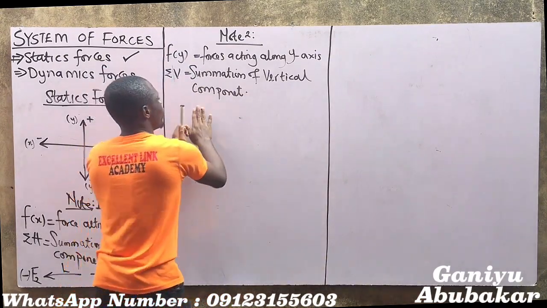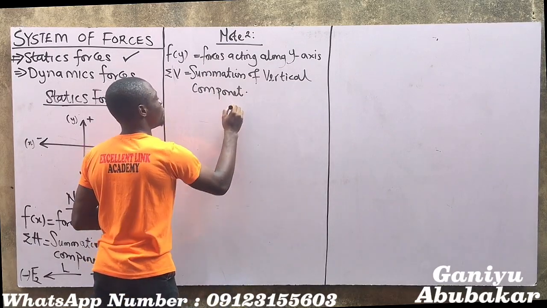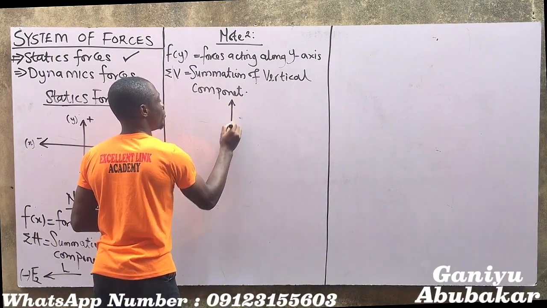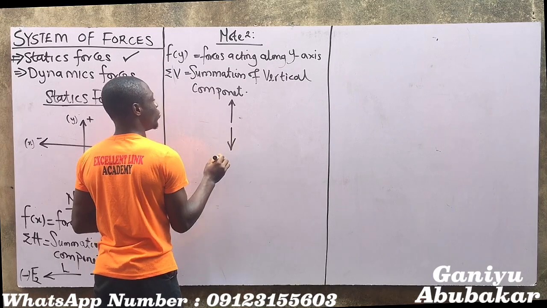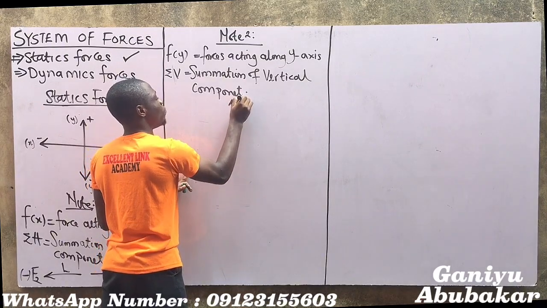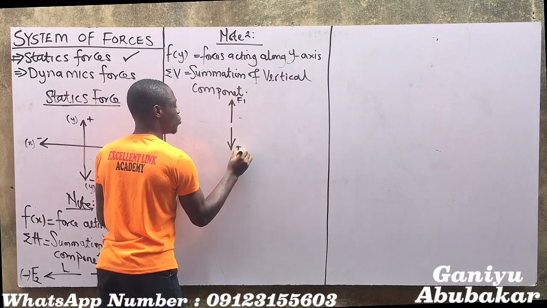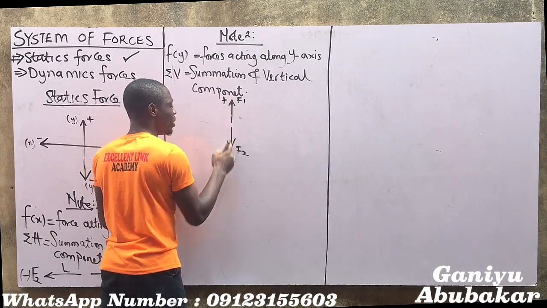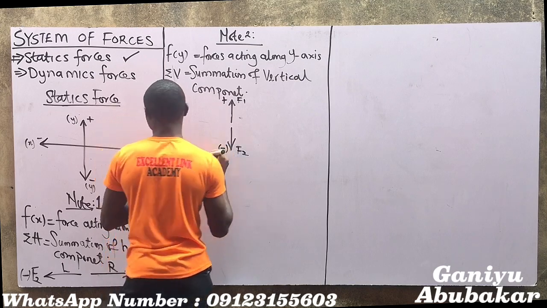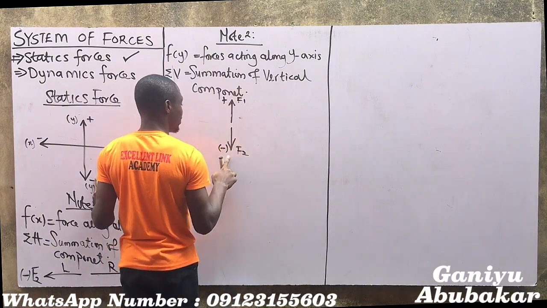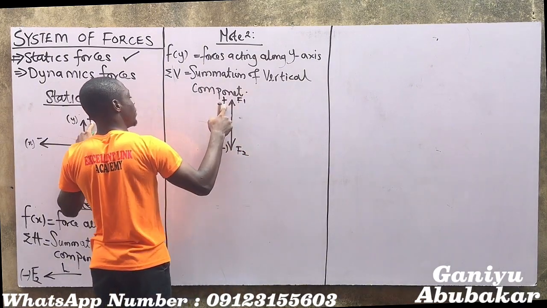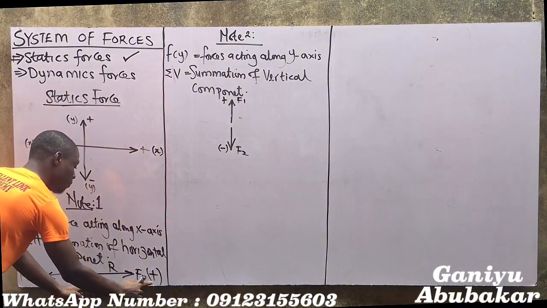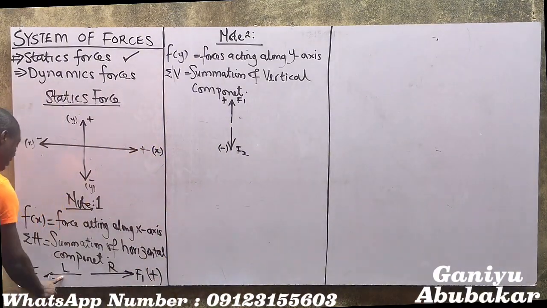The diagram to express this is that if I have a force acting upward or downward, let's say this is F1 and this is F2. Going upward is positive, going downward is negative.